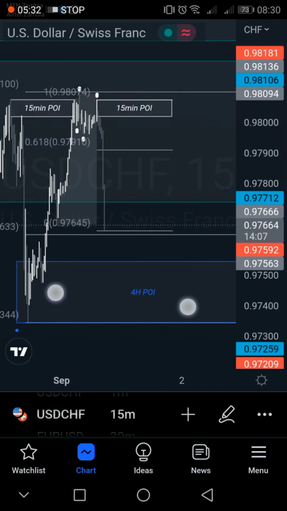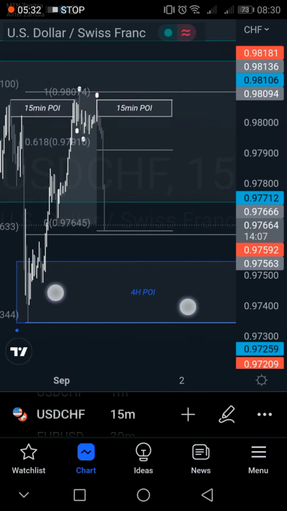What's happening here? Looks like EURUSD is the same. That has caused the volatility. Anyway, I'll see how things will go. See you guys next time.